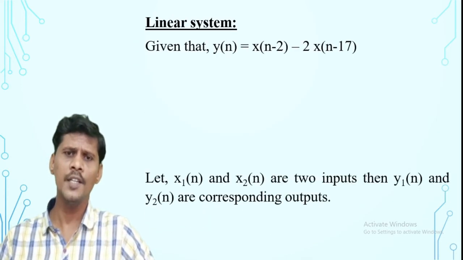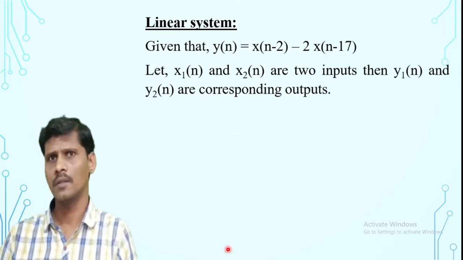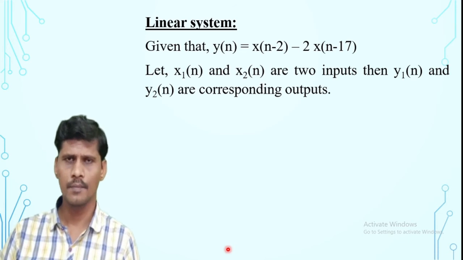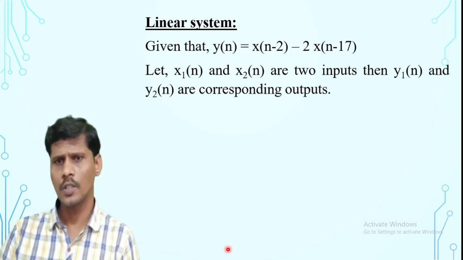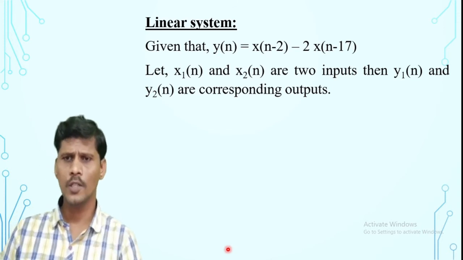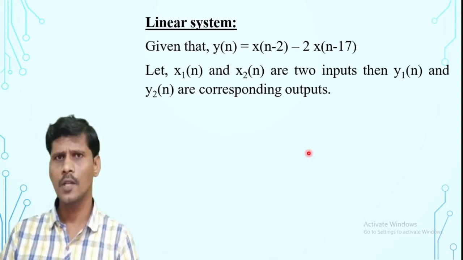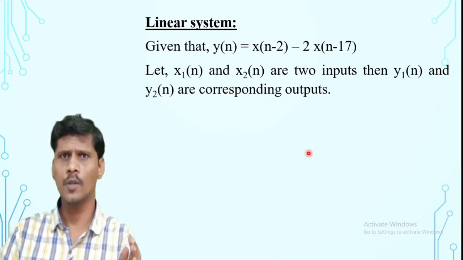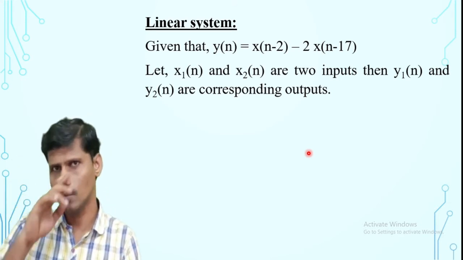Next, check the linearity of the given system, whether it is linear or non-linear. So given that y of n is equal to x of n minus 2 x of n minus 17. So let us consider two systems, and the first system input is x1 of n, then its corresponding output is y1 of n.